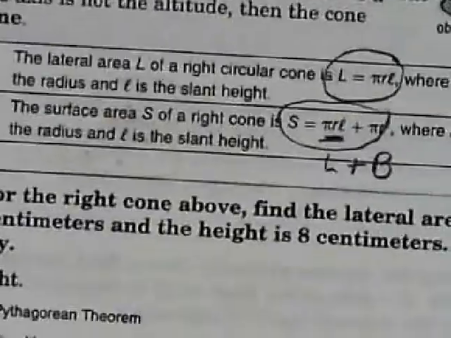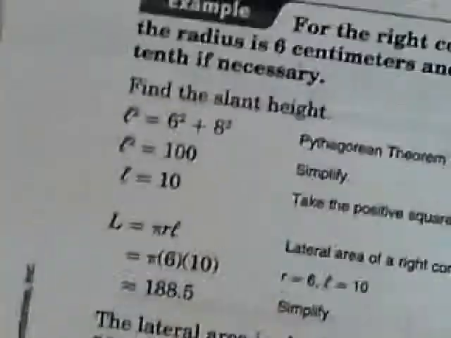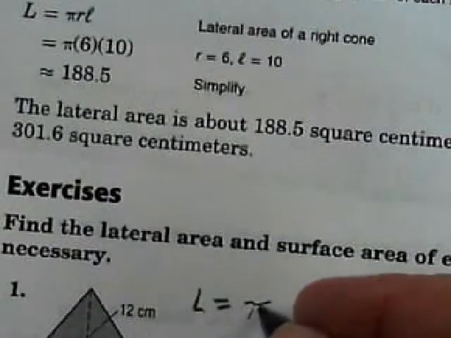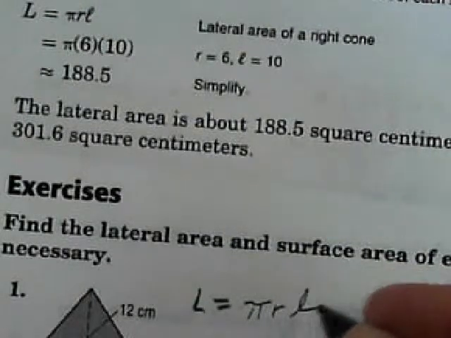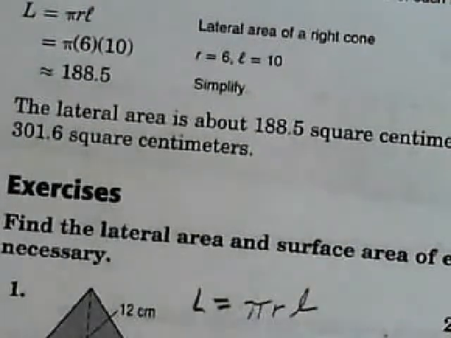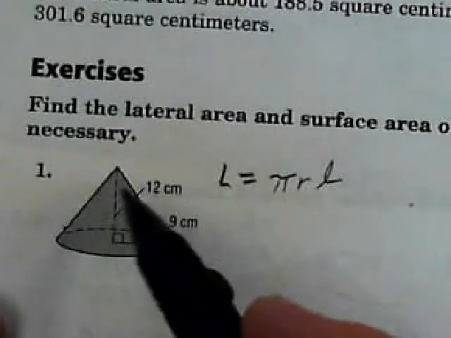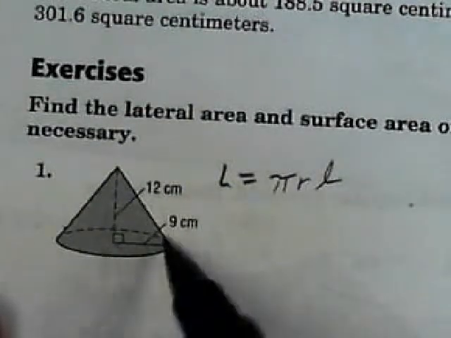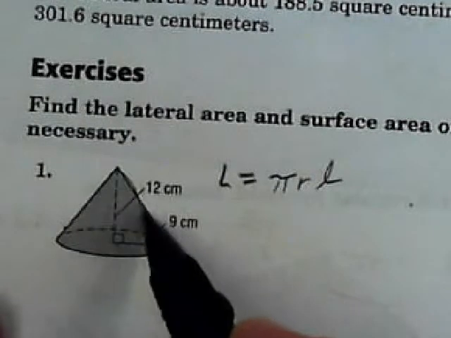So on problem number 1, if I want to find the lateral surface area, I need to find the slant height first, and I'm going to use pi r L. From here to here is 12, and from here to here is 9. Can I find this side?